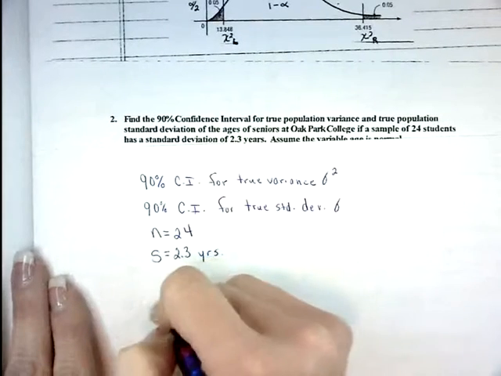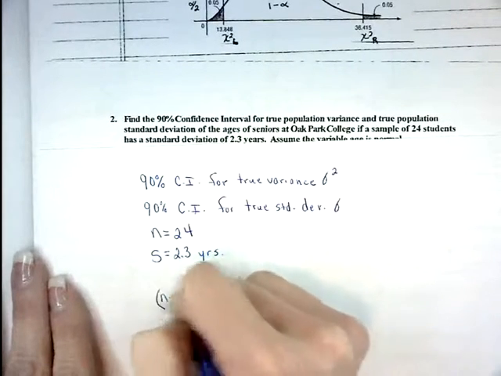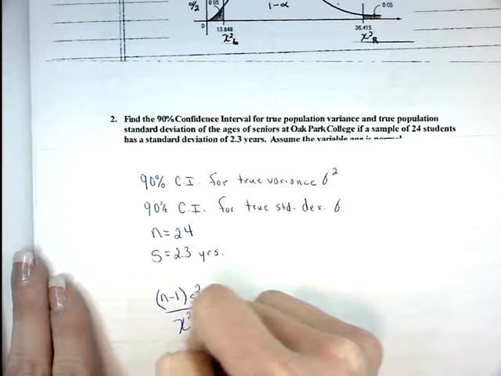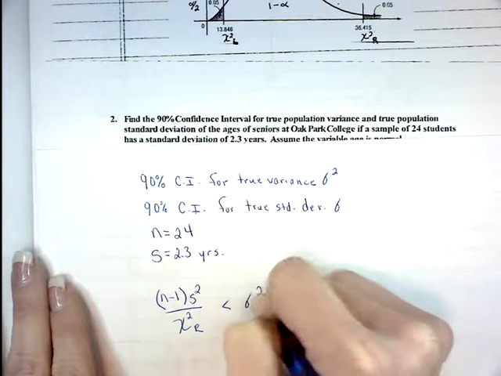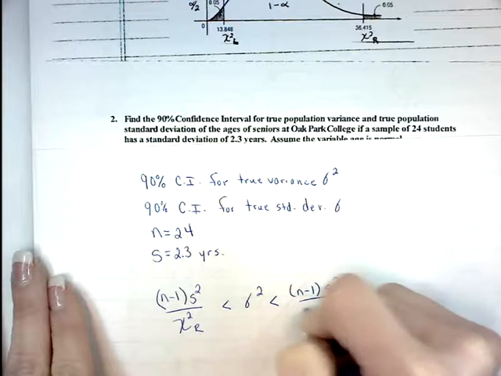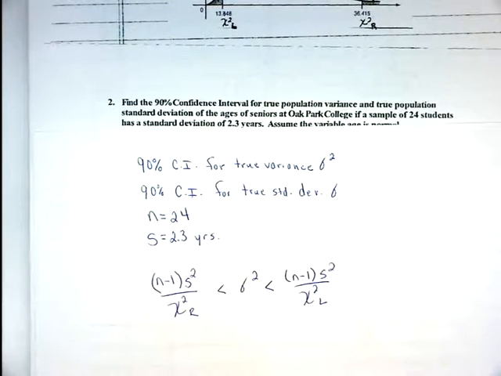Once you know it's for true variance and true standard deviation, it's n minus 1 times s squared over chi squared from the right less than sigma squared less than n minus 1 times s squared all over chi squared from the left. We know our sample size and we know our sample standard deviation.